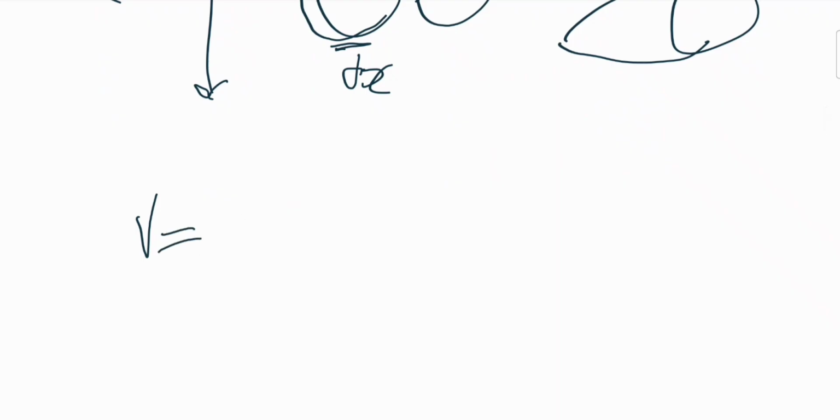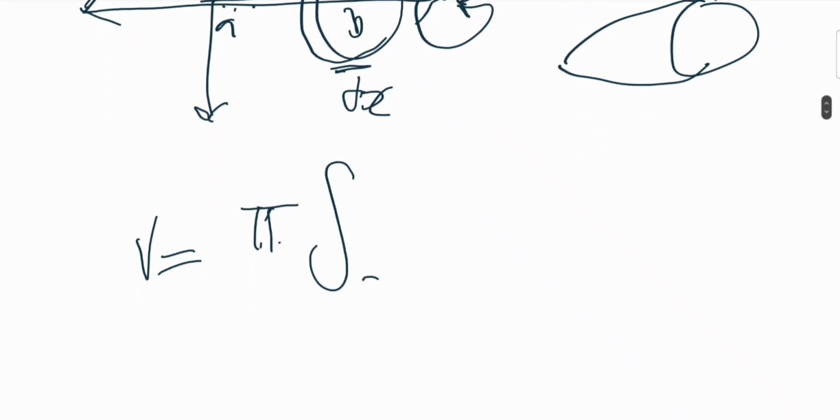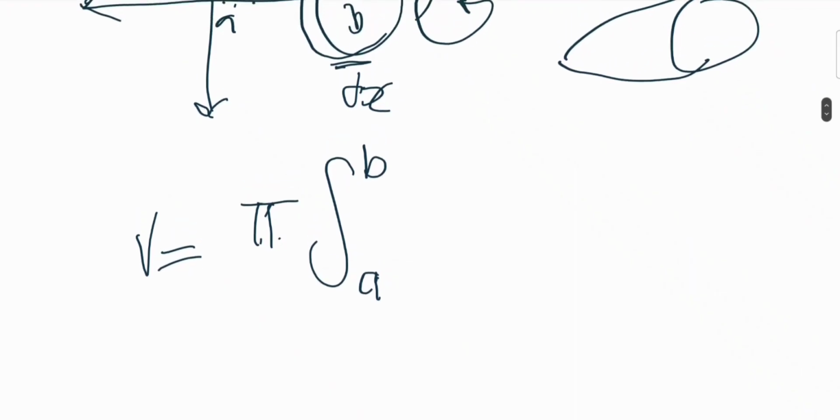V equals pi integral from a to b, which is going to be the start and stop values, essentially, upper and lower limits, of r squared of x. Because this r squared is our function here.